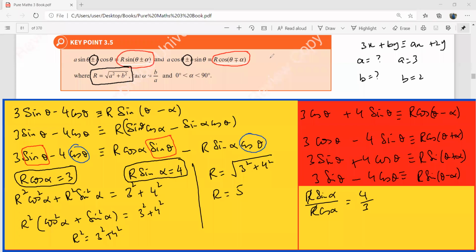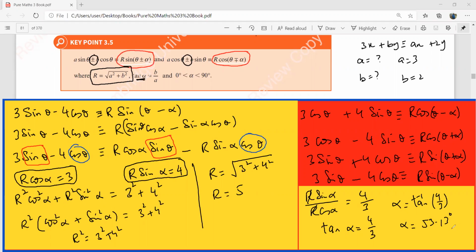R is cancelled by the r, and you are left with tan alpha equal to 4 over 3. You can see that here your tan alpha is going to be b over a. And we will find this through tan inverse of 4 over 3. I think that is going to be 53.13.